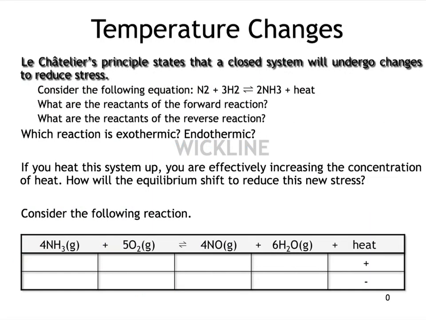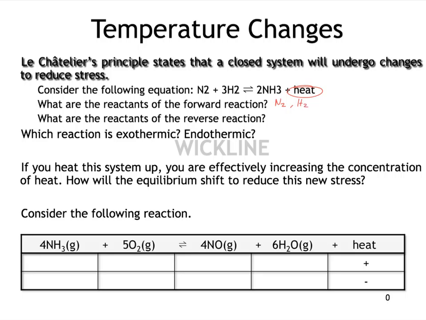We can use Le Chatelier's logic for a closed system that has temperature changes as well. Examine this reaction where we have nitrogen gas colliding with hydrogen gas to create ammonia and heat. Now, especially if we can consider heat as an ingredient, this will make perfect sense. The reactants of the forward reaction are, of course, nitrogen and hydrogen.